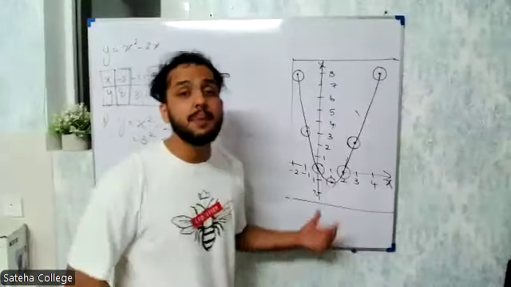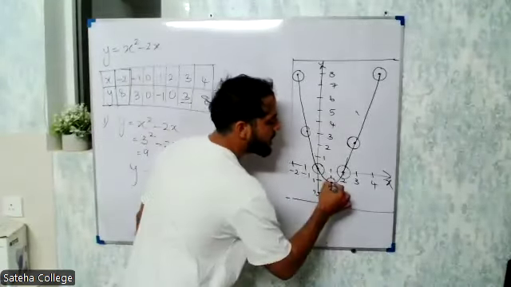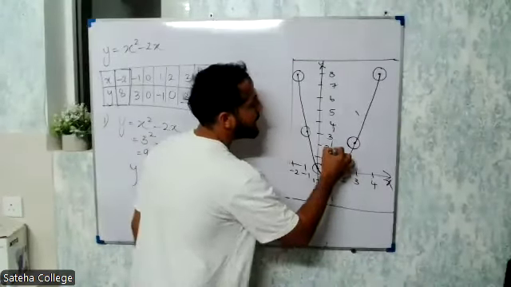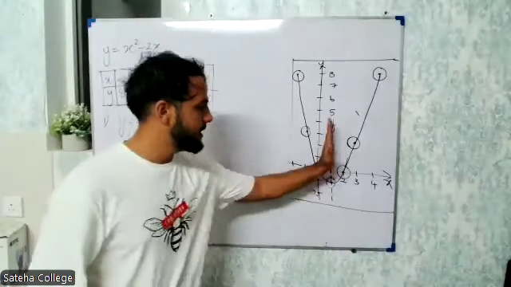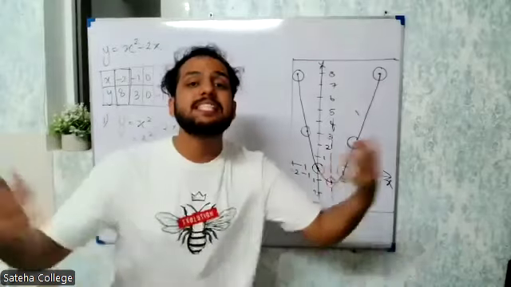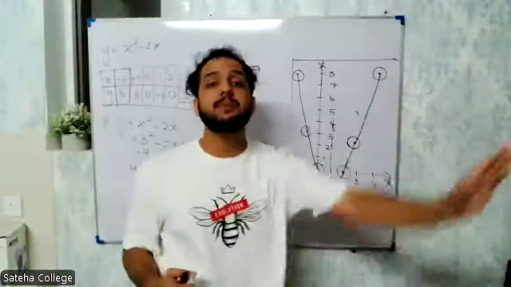The graph is symmetrical upon the turning point. If you draw a line at the turning point here, this is called the axis of symmetry. This is the line; left and right, the graph is the same.